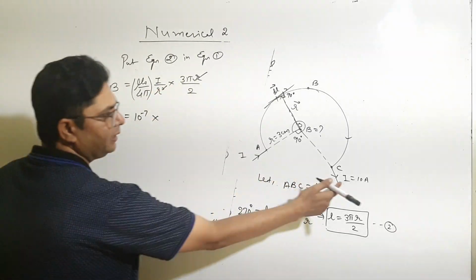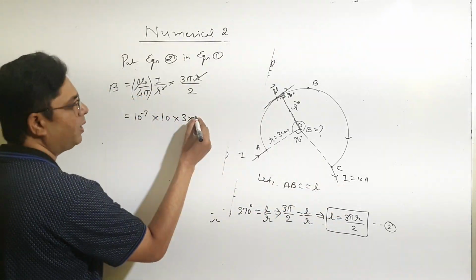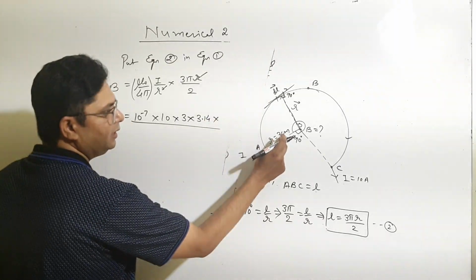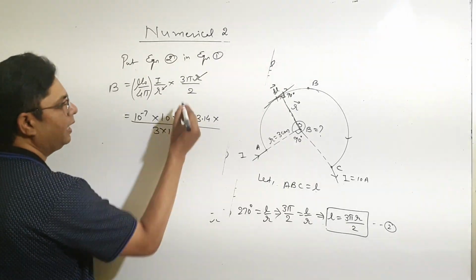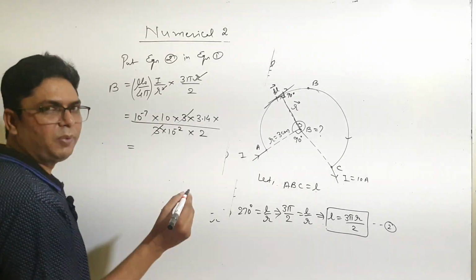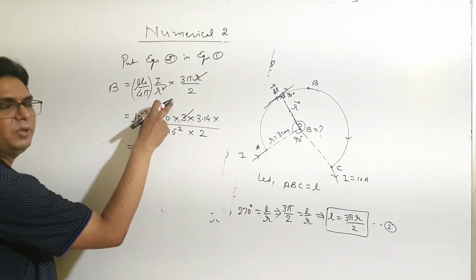What is I? I is 10 ampere here. Put here 10 ampere. The value of pi is 3.14. What is R here? 3 centimeter, which means 3 times 10 to the power minus 2 meter, and here it is 2. So cancel this 3. Now what will be the powers? Here 10 to the power minus 2, when it moves upside becomes plus 2.